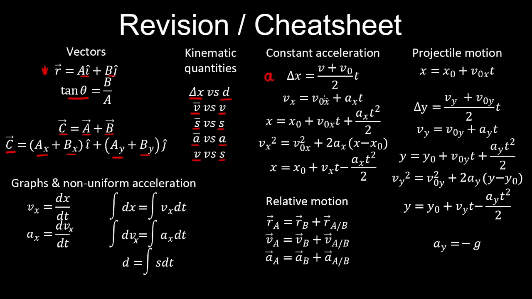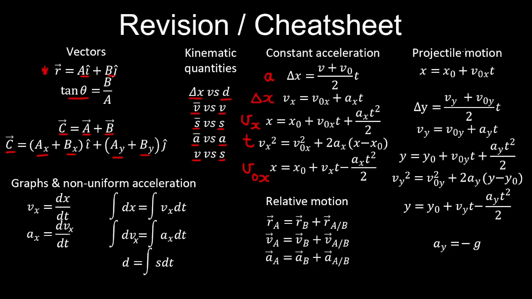The second equation does not include the displacement. The third equation does not include the final velocity. The fourth equation does not include time. And the fifth equation does not include the initial velocity. So know which equations to use based on the known variables and unknowns in a given problem.